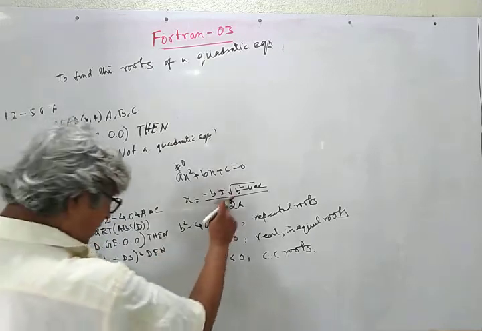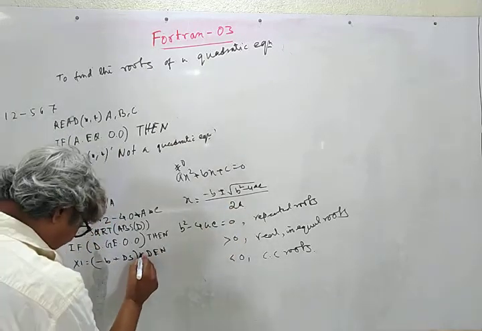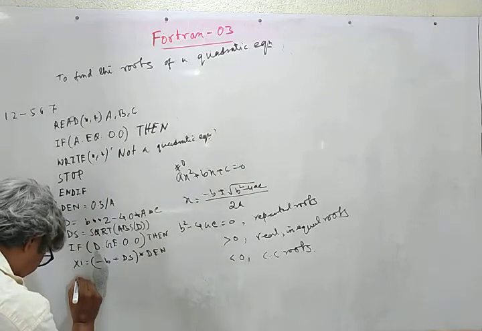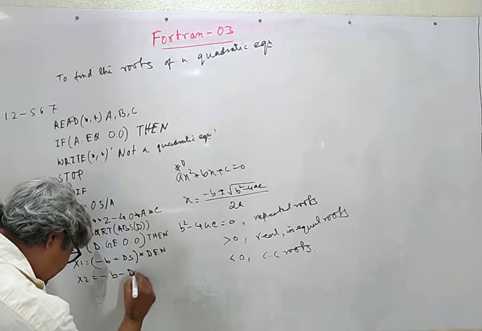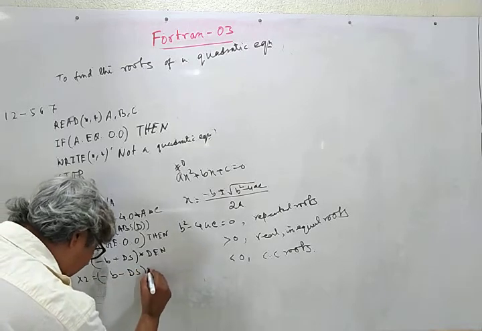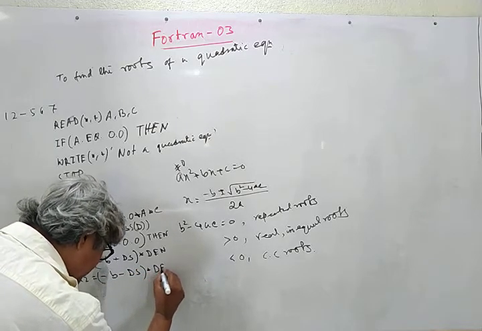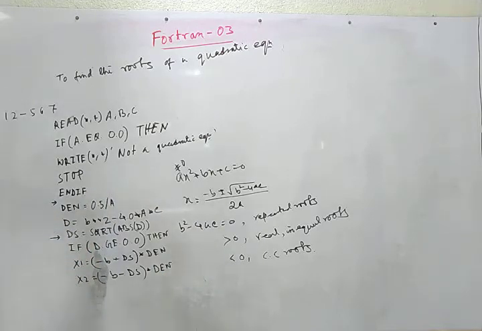You see the den is 1 upon 2a, so we need not divide by it. And then x2, the second root, is minus b minus ds times den, and we write here the real roots.